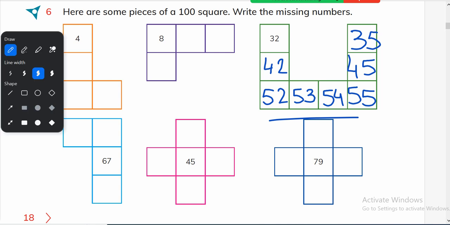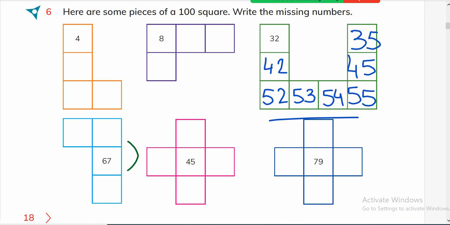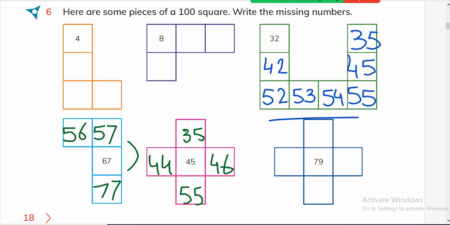Okay, now let's do this puzzle, 67. When we go upwards, it will be 57, and here it will be 56, and down it will be 77. Okay, next is 45, 35, and here it will be 55, 44, and 46.